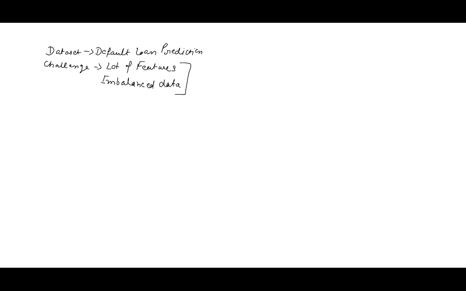We have above 2 lakh records and 17 columns in this. So what is feature selection, basically? Feature selection means you choose the features which are most important for your model prediction.